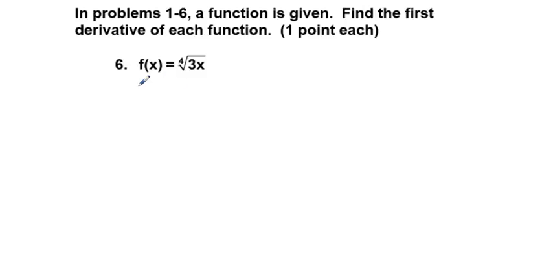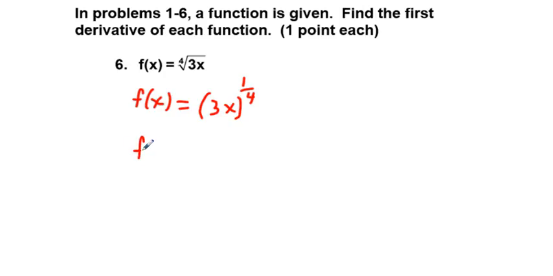Last one in this set, we have f of x equals the 4th root of 3x. So for this, I'm going to make a rewrite of f of x equals 3x, and this radical, the 4th root, is to the 1/4 power.